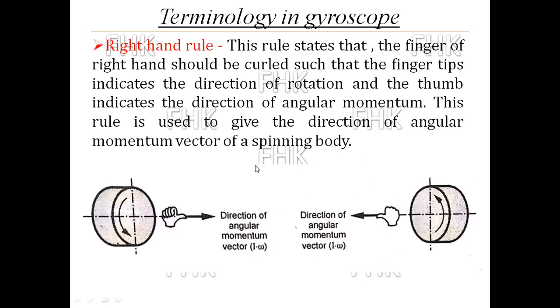Now the next thing is the angular momentum vector. Angular momentum is a vector quantity, so it has magnitude as well as direction.